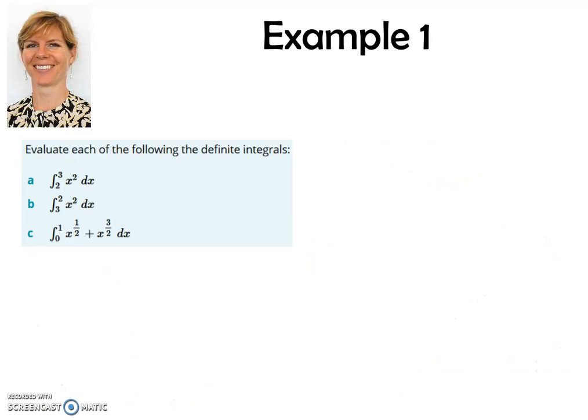Alright, so let's get straight into some examples. The first one we've got there is the integral between 2 and 3 of x squared dx. Now that's going to be, I'm going to integrate this or anti-differentiate, so x cubed over 3, between 2 and 3. Okay, so you put your antiderivative in here, and then you put your bounds. And what that means is evaluate for the upper bound, and then subtract the value for the lower bound.